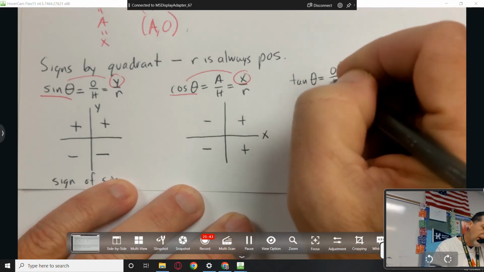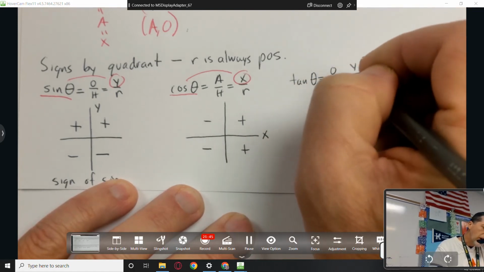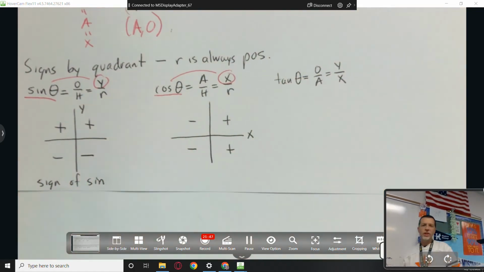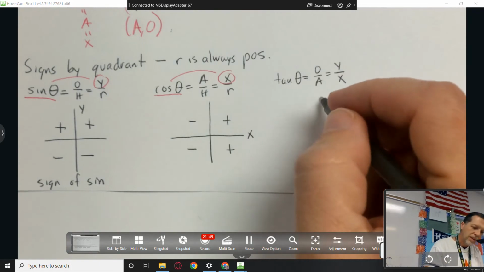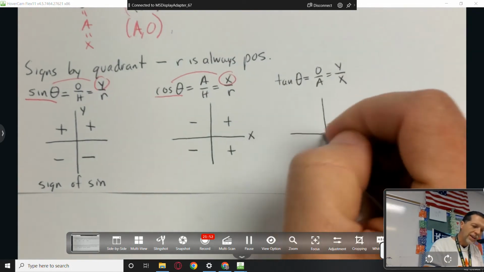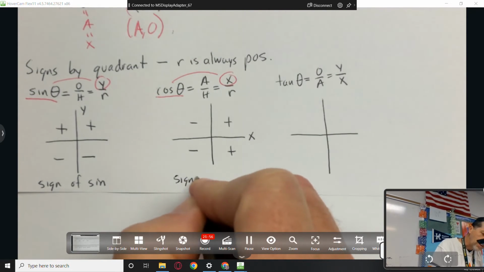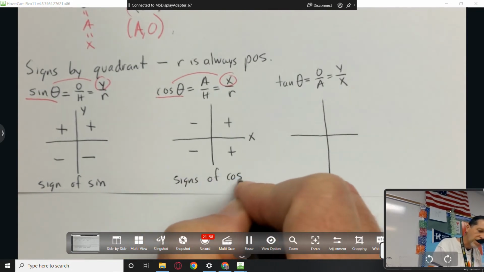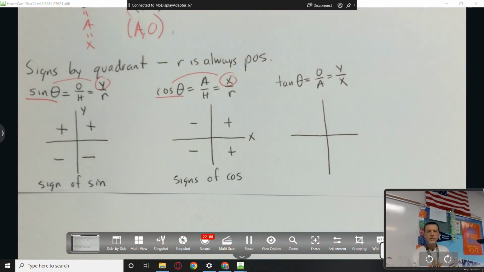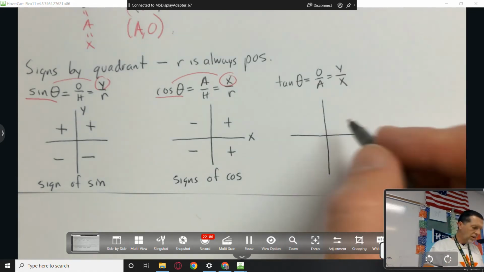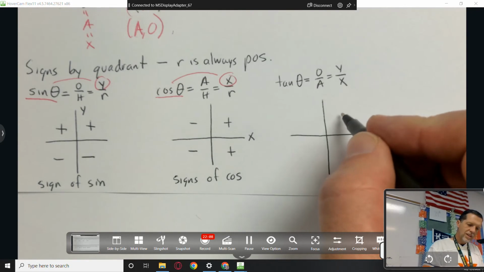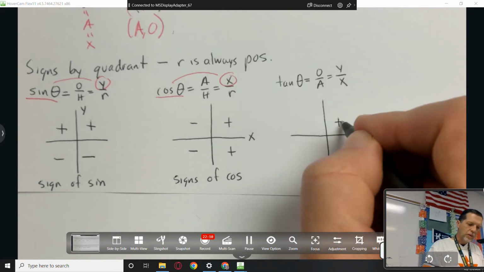Tangent of theta, opposite over adjacent, y over x. Okay, this one's a little bit trickier because it has both of them. So I've got to think about y and x. Oops, I should have labeled that last picture, sine and cosine. So this one we better slow down a little bit. In quadrant 1, everybody's positive, so I'm not worried about that.